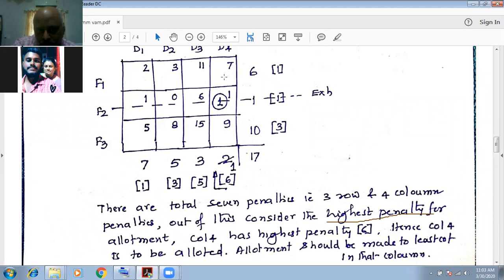Though column number 4, that is showroom number 4, can take 2 cars, I cannot supply 2 cars because the factory 2 capacity is only 1 unit. So you supply 1 unit here. The factory 2 is exhausted, and showroom number 4 is still left with 1 car, because it needs 2 cars for its daily transactions, but we have to fulfill 1 more car later. This is how we have to do it.